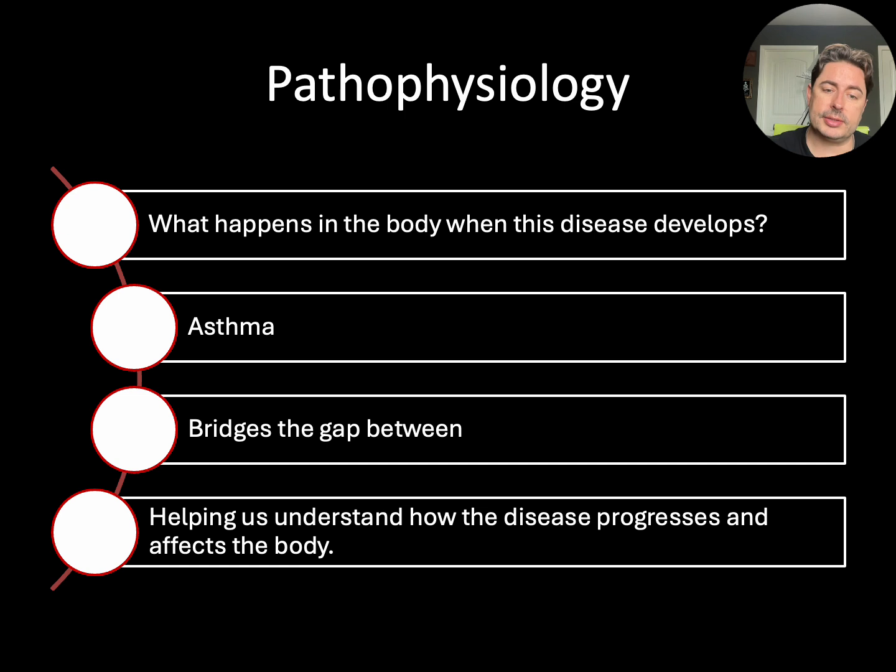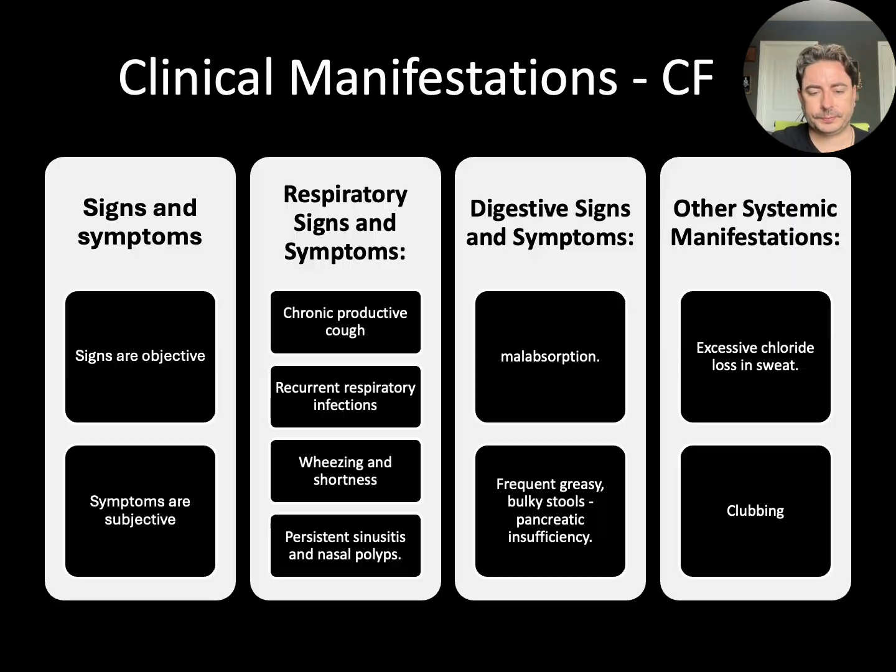Those are all parts of the clinical manifestations that we're going to get into right now. Now, we're really not getting into the clinical manifestations of asthma, but let's use cystic fibrosis as an example. So these are the signs and symptoms that result from a disease process. Now, you may be saying, how do I differentiate between signs and symptoms?